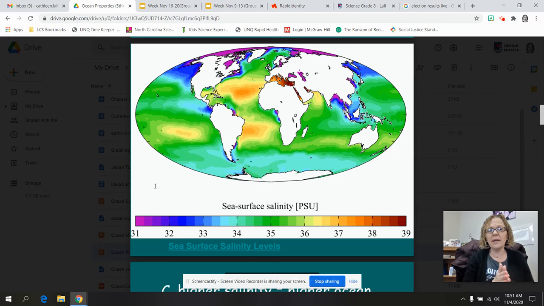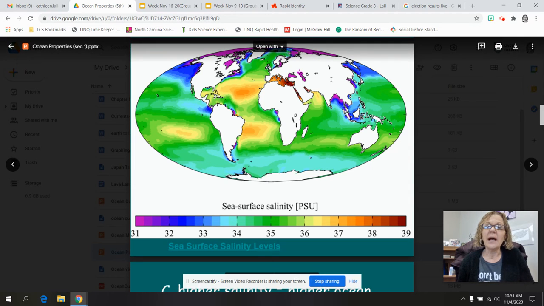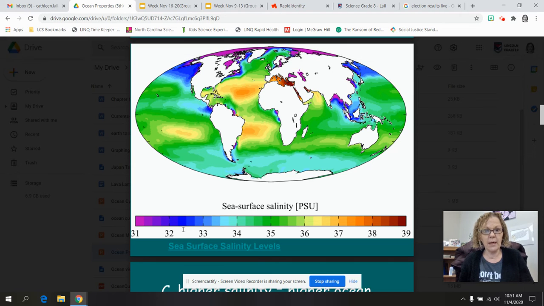So we're just talking in this map about the salinity level on the surface of the oceans, okay? So when you take a look at the purples and the blues, those darker colors, the salinity is a little below normal, okay?